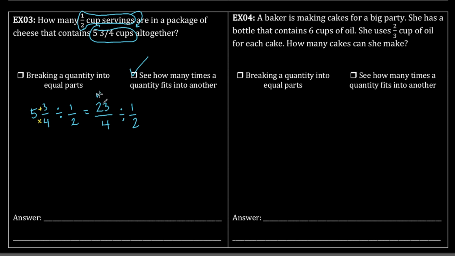Remember, we need to keep, we need to change, we need to flip. So 23/4 we kept, we're going to change, and we're going to flip. 23 times 2 is 46. 4 times 1 is 4.